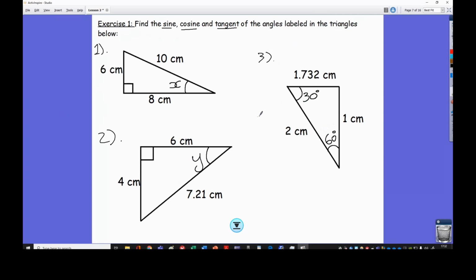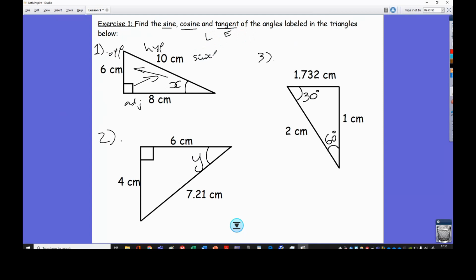Okay, so hopefully you paused the video and had a go. Let's have a look at the answers. So for the first one, before you've done anything really, you should be labeling your triangles: hypotenuse, opposite, adjacent. Then you should be writing the equations. We don't need to solve these, so it's just a case of labeling and then writing the equations.